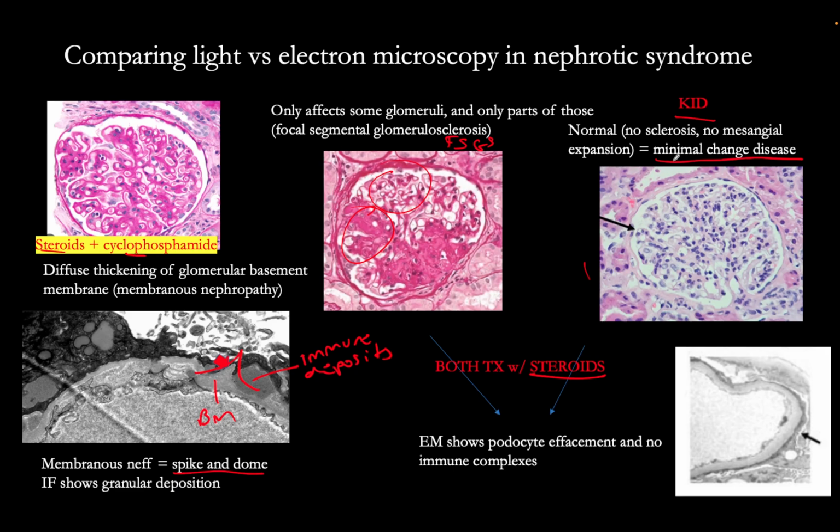And minimal change means exactly what you would have guessed. It means you have a normal kidney until you do the EM, the electron microscopy. And just like with FSGS, we see podocyte effacement. And so I've just given you the 3 most common causes of nephrotic syndrome. You likely won't be asked anything beyond this.